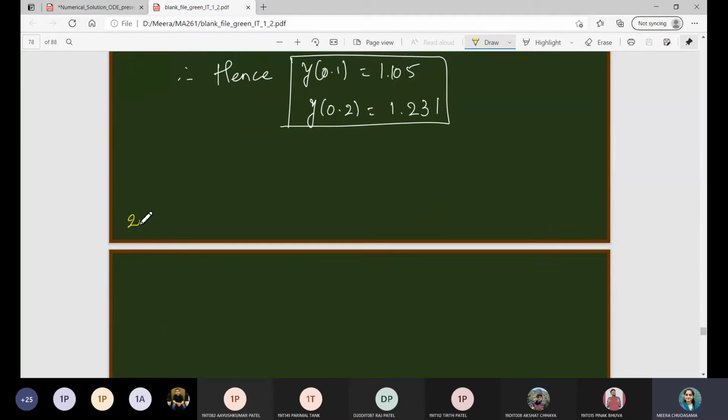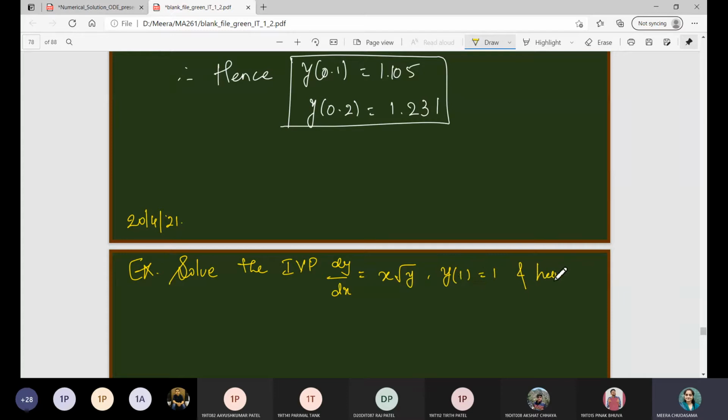Example: solve the initial value problem, IVP, dy by dx is equal to x into square root of y. The initial condition is given at x is equal to 1, y value is also 1, so y of 1 is 1.